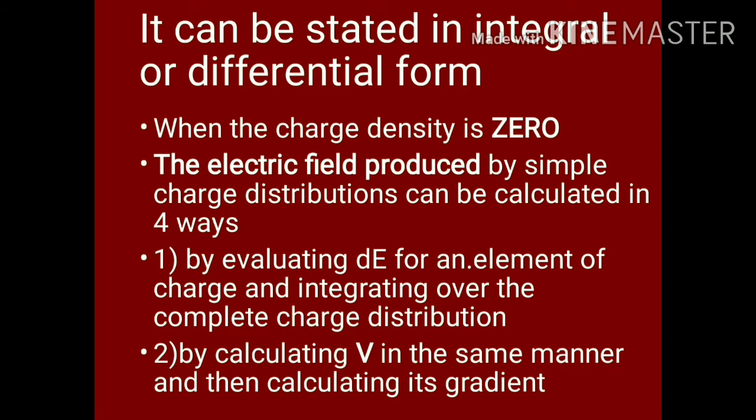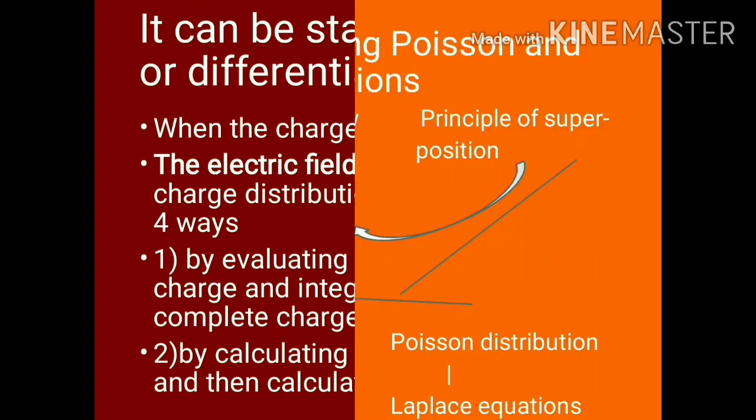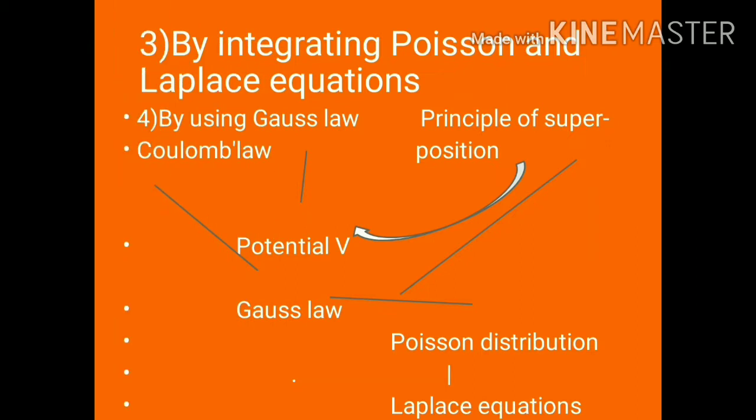When the charge density is 0, the electric field produced by a simple charge distribution can be calculated in 4 ways: by evaluating dE for an element of charge and integrating over the complete charge distribution; by calculating V in the same manner and then calculating its gradient; by integrating the Poisson and Laplace equations; and by using Gauss law.